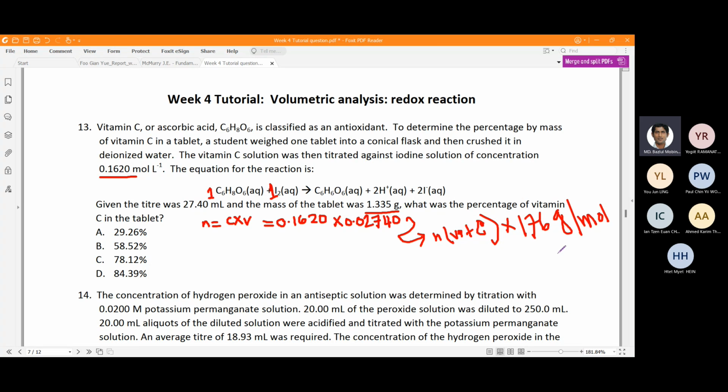So that we know the mass of it, right? So the mass of it is 0.7812.